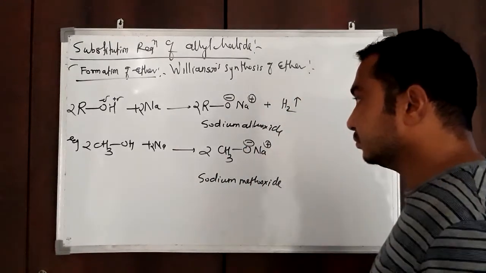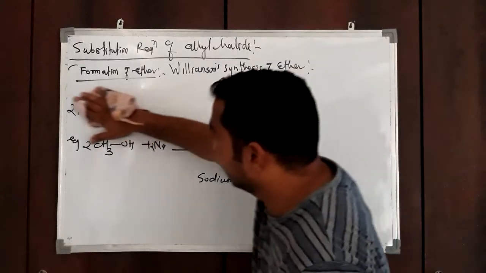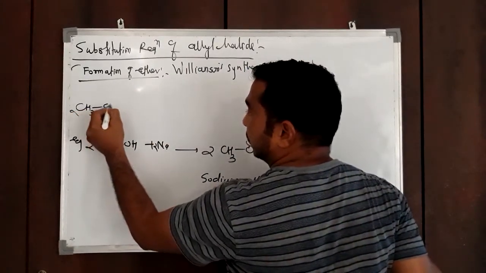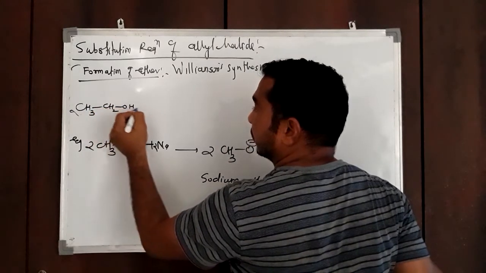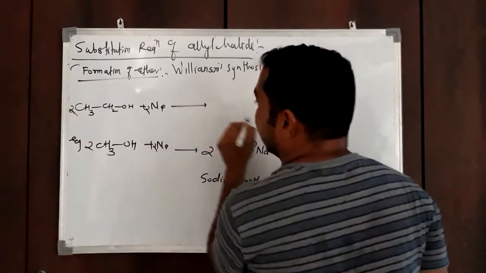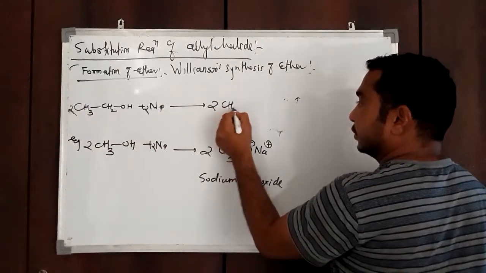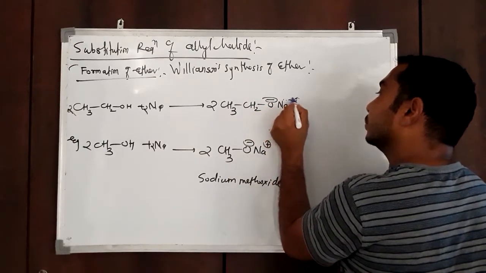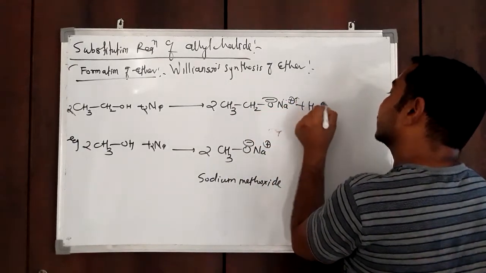Okay, if we take ethanol plus sodium, then CH3CH2O negative Na positive plus hydrogen gas.